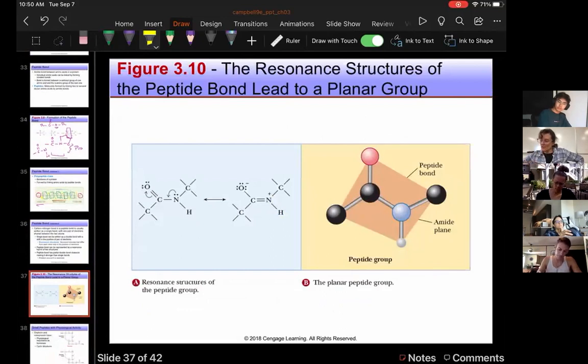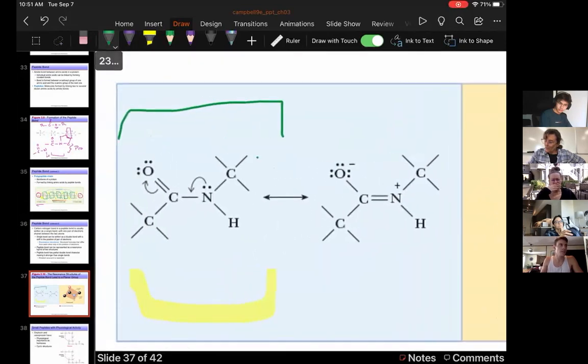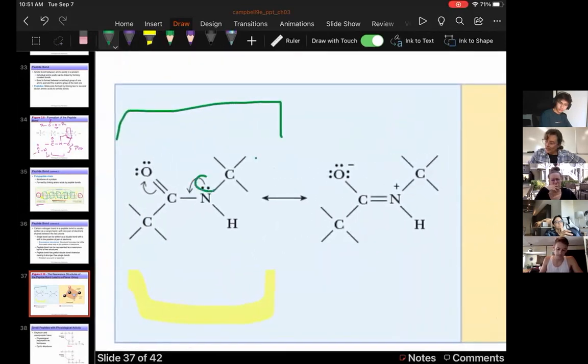So this is just a zoom in on a peptide bond. And this is showing it as I've drawn it, but there is resonance. So that nitrogen has a lone pair. And there's resonance where that lone pair of electrons spends time in between the CN bond.